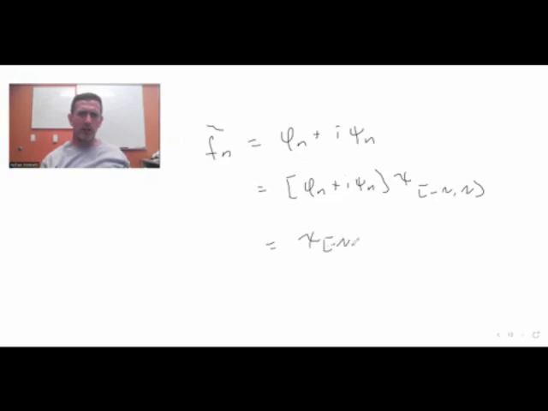For this n, f tilde n is this characteristic function times f tilde n, simply because, again, if we're away from minus n to n, these are all 0.